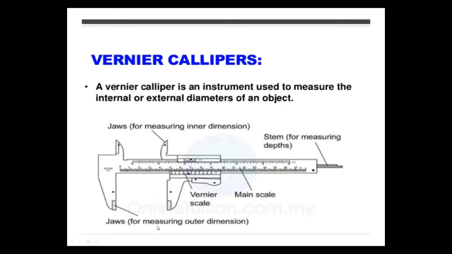Jaw number 1 is for measuring outer dimension, and jaw number 2, which is on the caliper, is for measuring inner diameter. One scale is called the main scale. Another scale which is movable is called the vernier scale. And one very important thing is the stem, for measuring depth. For more information, I will show you the video.